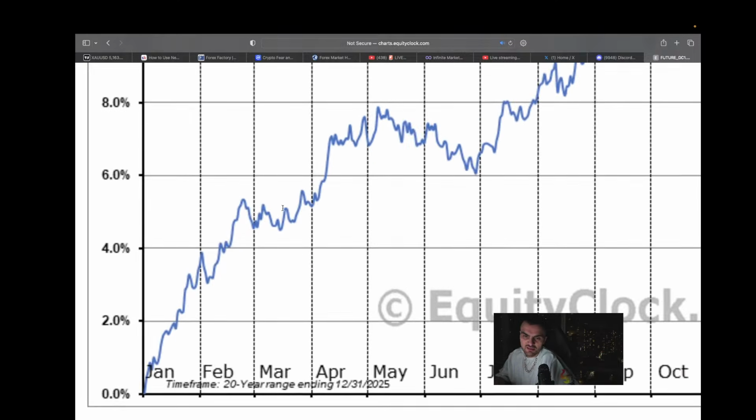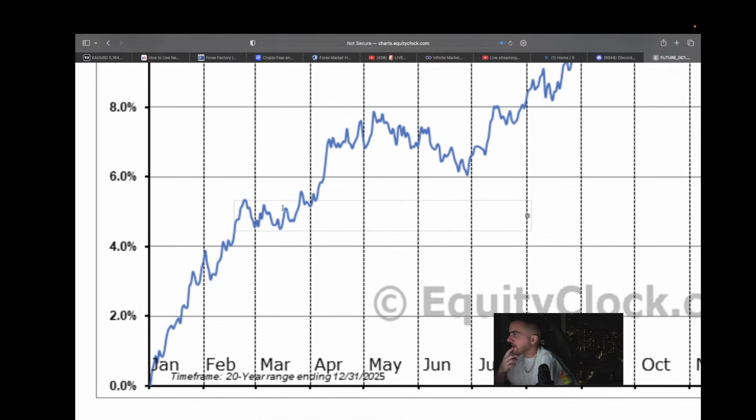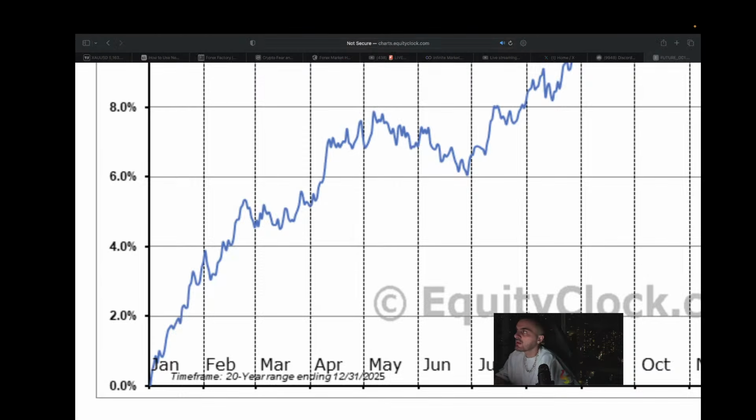So the seasonality chart looks interesting, especially with what price has been doing.